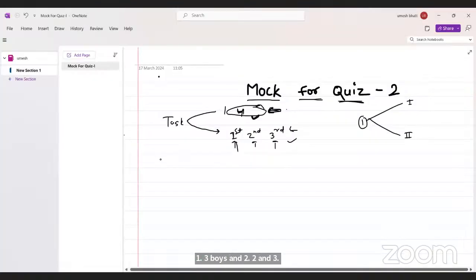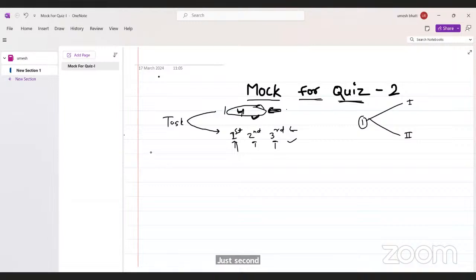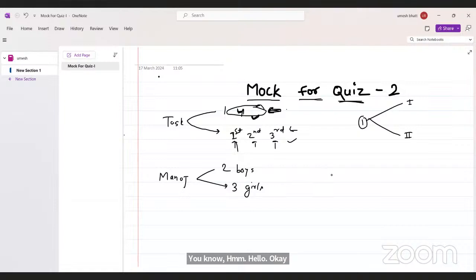So, Manoj has how many? Two boys and three girls, and similarly Nitin has how many?